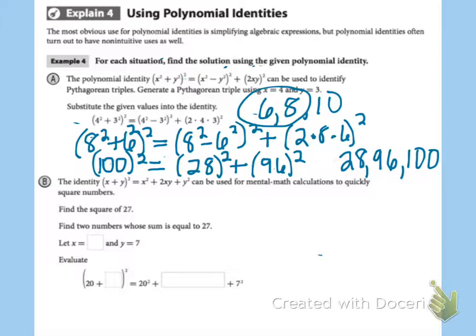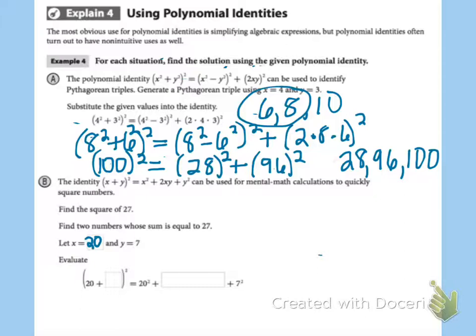But if we wanted to use this identity, let's say we wanted to square 27. If we think about two numbers that would make 27 that are really easy to square, we may think of 20 and 7. So if we rewrite it so that x was 20 and y was 7, we could use this method to square 27.